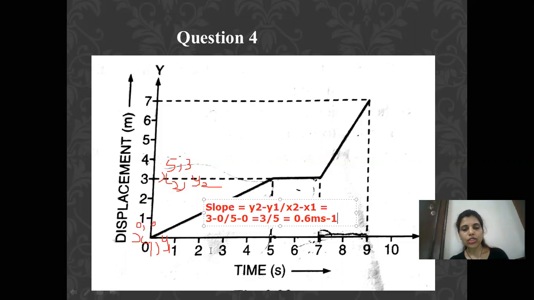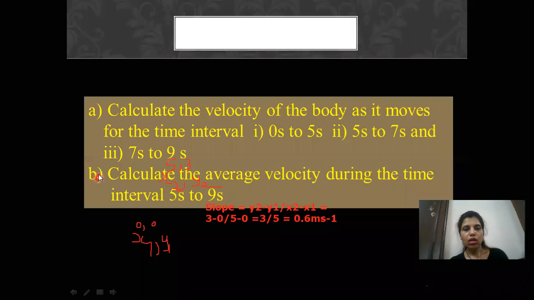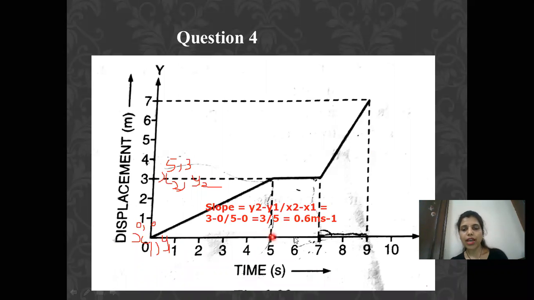Now the second question, what they have asked is 5 to 7 seconds. Between 5 to 7 seconds means over here. Over here you can see it is parallel to the x-axis. That means the slope is going to be 0 because it is constant. So what is the velocity?